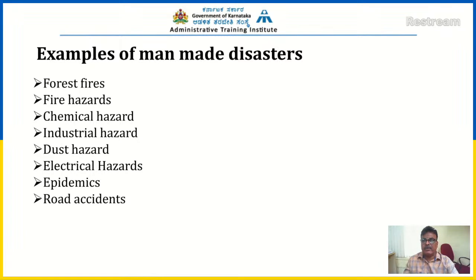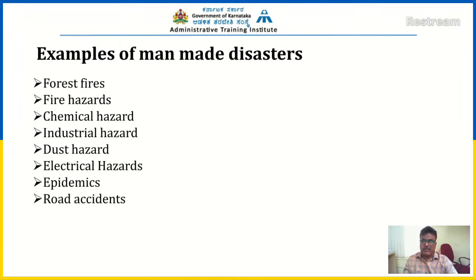All that leads to forest fires. Many times even a local community with a grudge also leads to forest fires. So forest fires are one of the major man-made disasters in India. In Karnataka also we experience forest fires almost every year, just like any other state. So forest fires and fire hazards all come under man-made disasters.